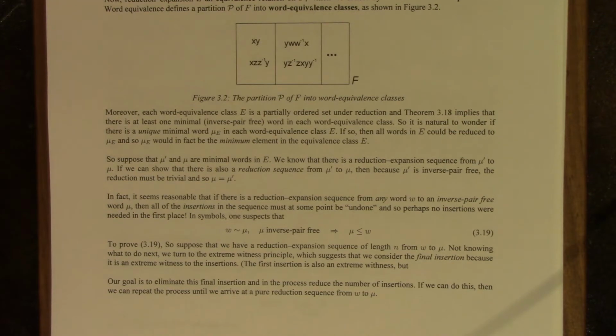In other words, mu sub e would be less than or equal to all words in the equivalence class under reduction, and so mu sub e would in fact be the minimum element in the equivalence class E. Every equivalence class would have not just a minimal element, but a minimum element.